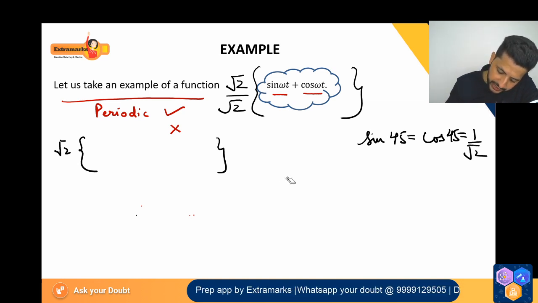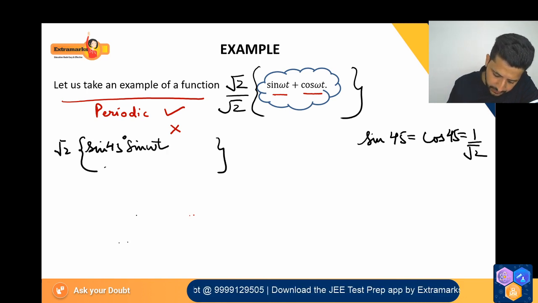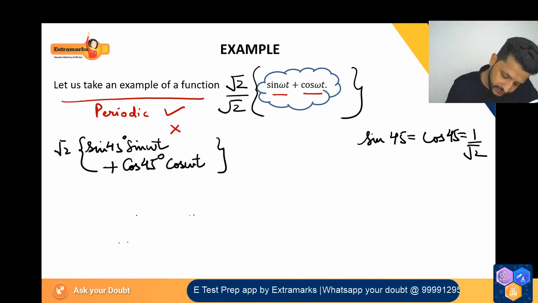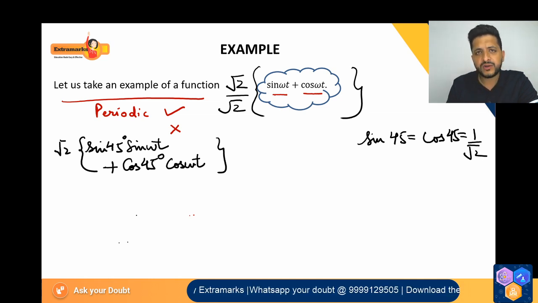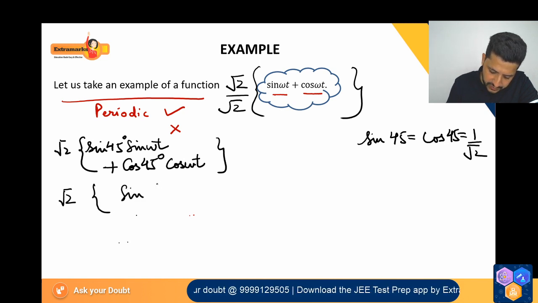So how I will write it in this equation is, I'll write this as sin 45 sin omega t plus cos 45 cos omega t. Is it correct? Fine. So it is sin A sin B plus cos A cos B, so it is root 2 times cos of (A minus B).